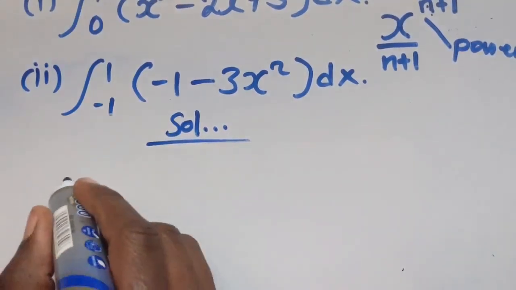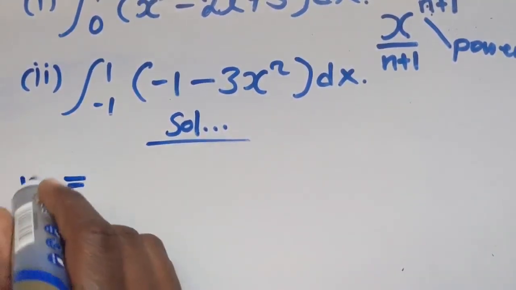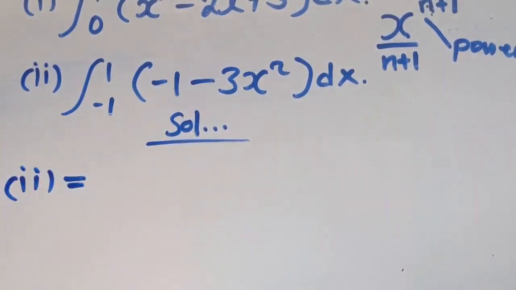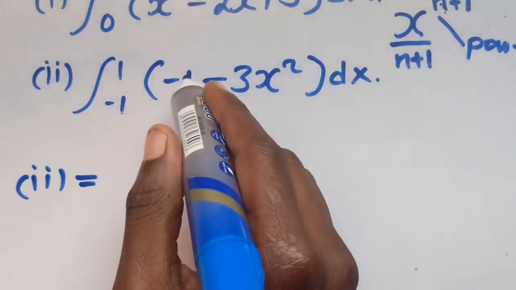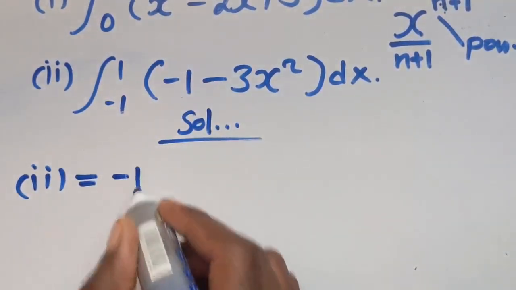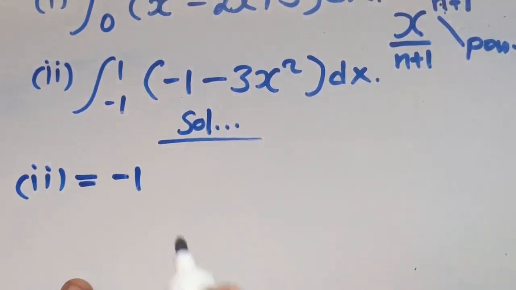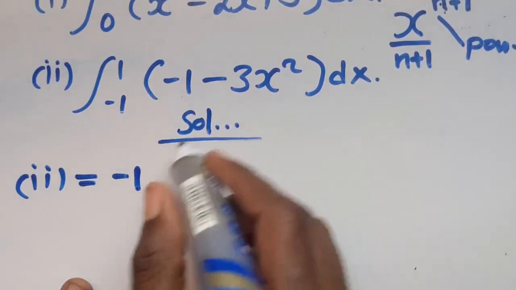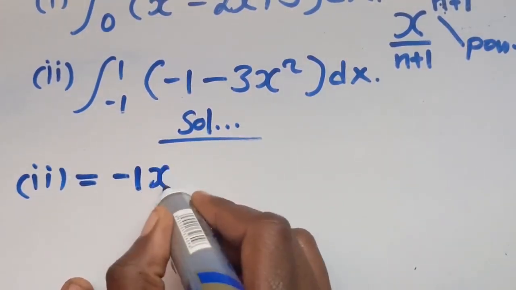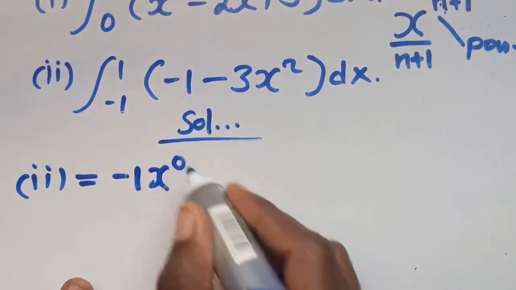So it is going to be equals to, this is number 2 now. We are on number 2 now. So we are going to say it is equal to, we have -1. And remember that we said that whenever you have a number that doesn't have any letter, it means that we are going to add x, but it is to the power 0.